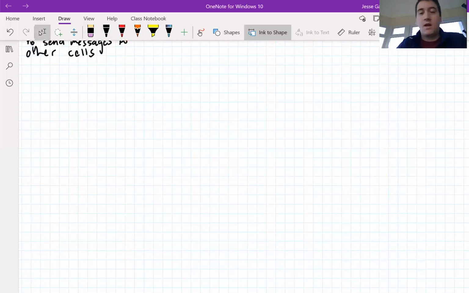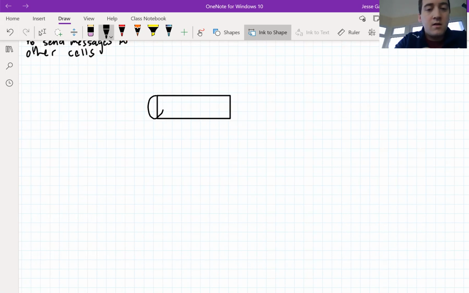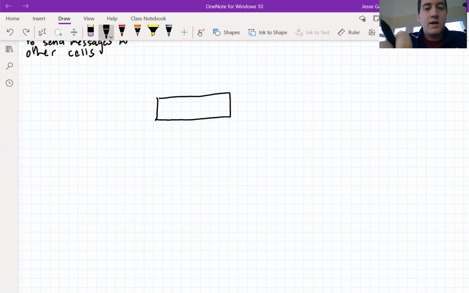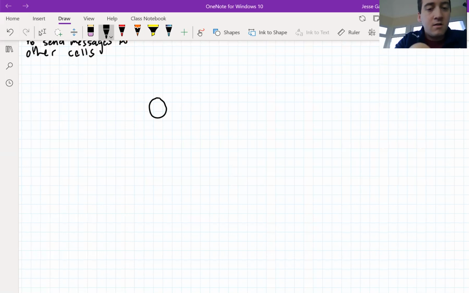We'll look at another type of cell now. So this here is quite a long tubular type of cell.